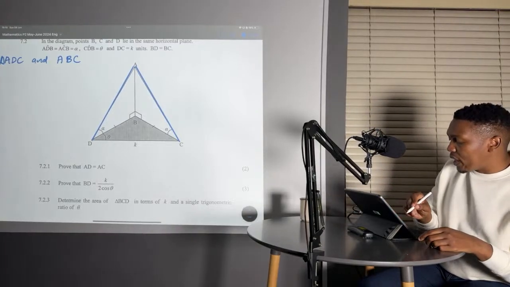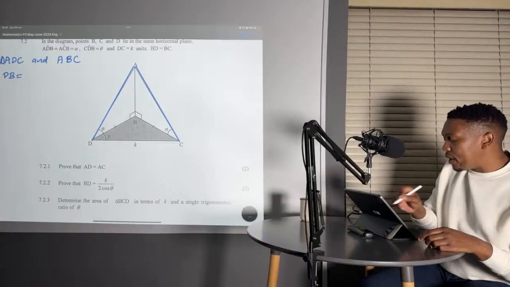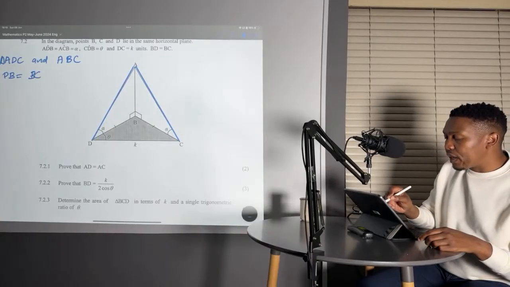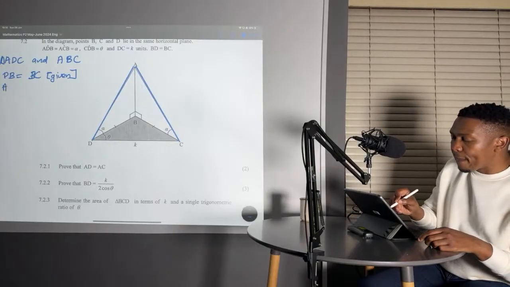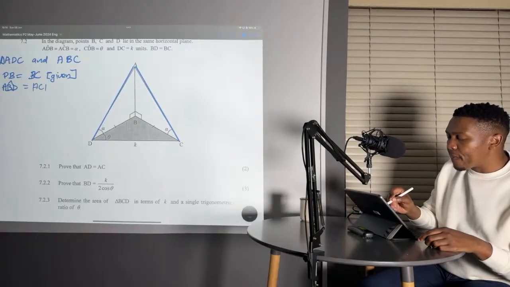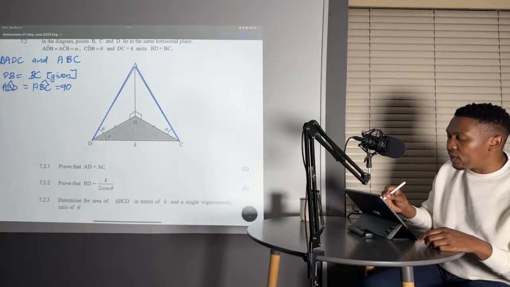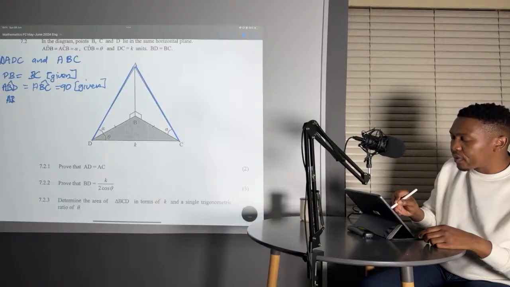So it is given to us that DB is equal to BC. And we know that angle ABD is equal to ABC. Both of them are equal to 90, and that's also given. And we know that side AB is common.